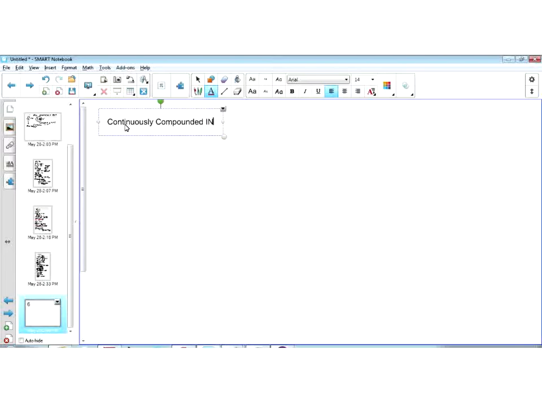So if an amount A sub 0 is invested at an interest rate R, then after T years, it's worth this.